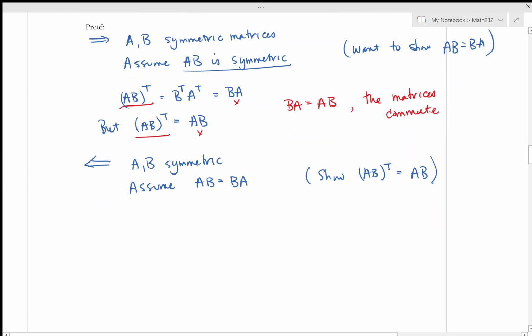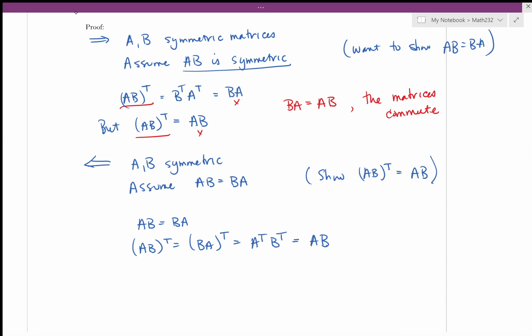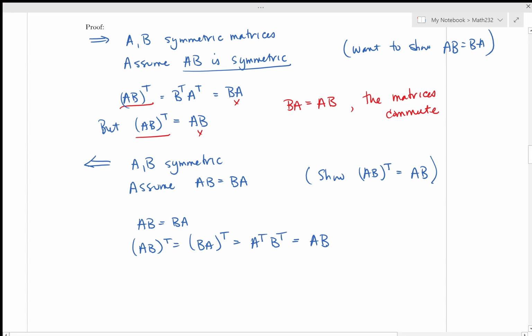Okay, so let's start with what we're told. We're allowed to start here: AB is equal to BA. I'm going to take the transpose on both sides. Then this one here is A transpose B transpose, and that is equal to AB. So I have shown that AB transpose is equal to AB.